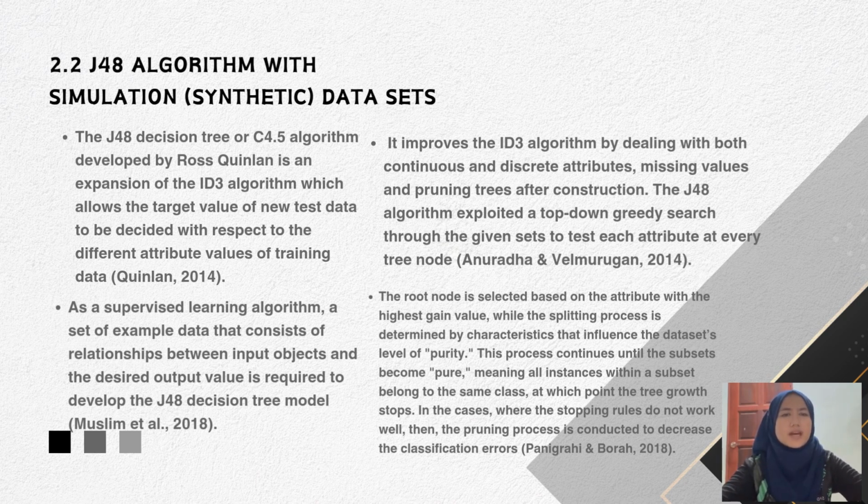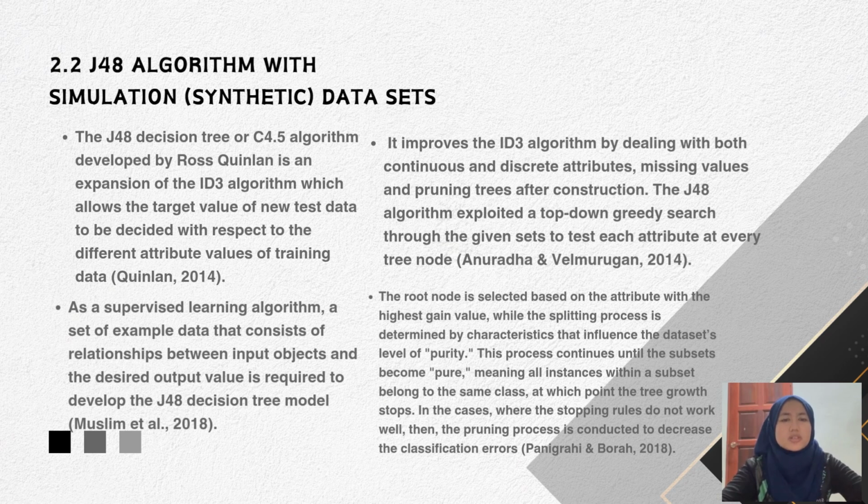Then it improved the ID3 algorithm by dealing with both continuous and discrete attributes, missing values, and pruning the tree after construction. The J48 algorithm exploited a top-down greedy search throughout the given set to test each attribute at every tree node.